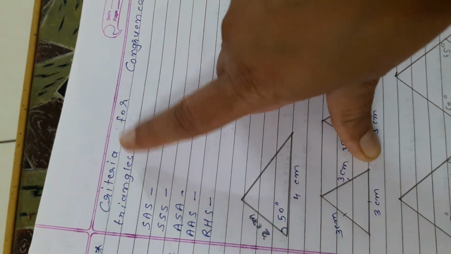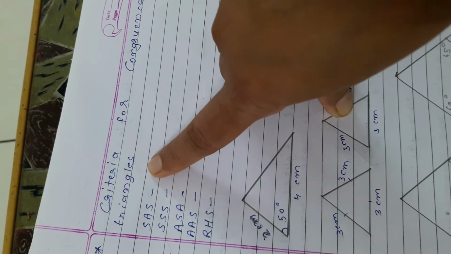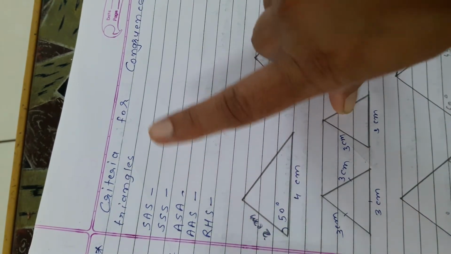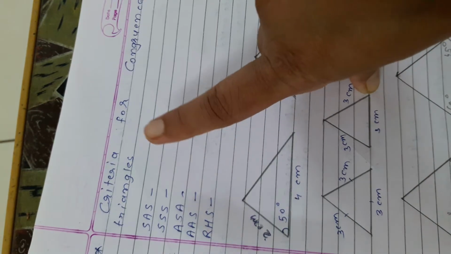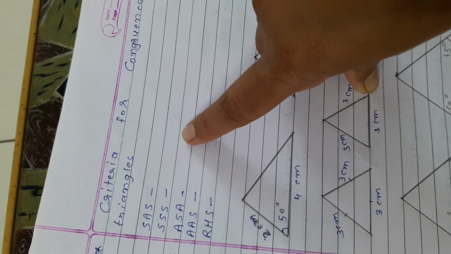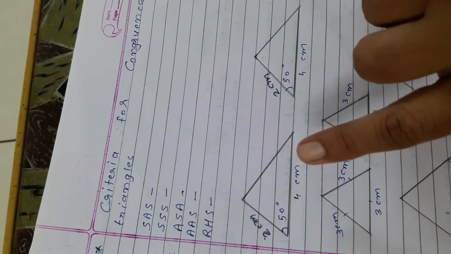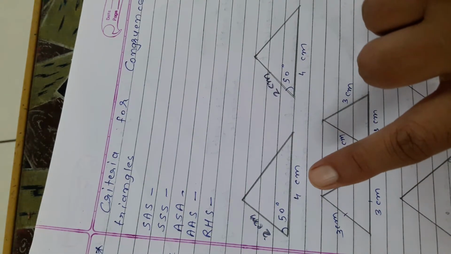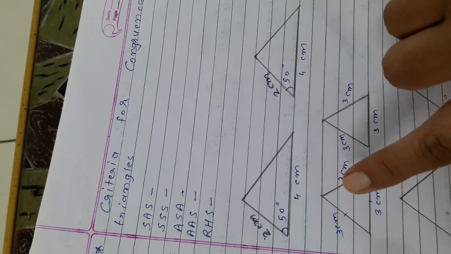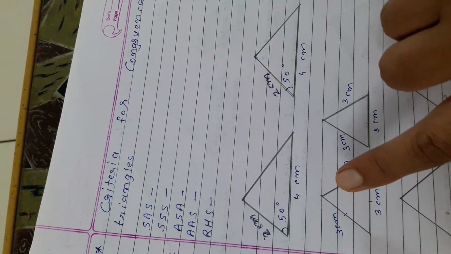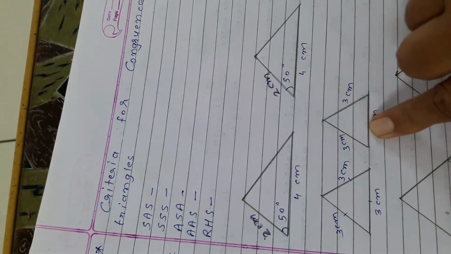Now our next topic, criteria for congruence of triangles. Now when can we say that two triangles are the same? We can say that two triangles are the same if the corresponding angles of two triangles and corresponding sides of two triangles are the same.